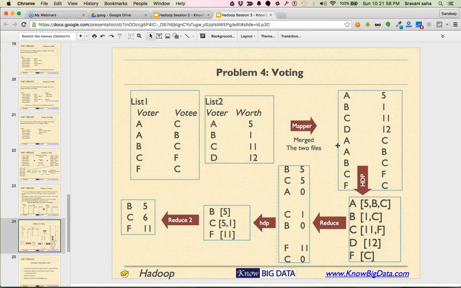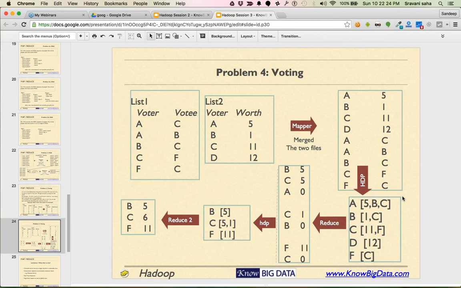Now, when you just merge these two files, if you look at it, the key is our voter here. When we concatenate the two, the key is a voter here. So when Hadoop groups this data, it will be disparate, as in some will be integer, some will be string.